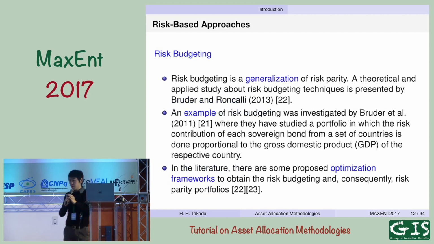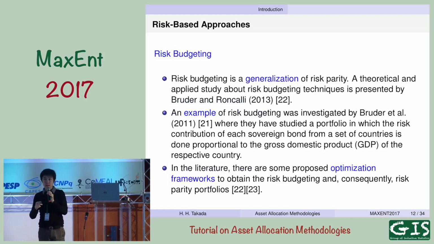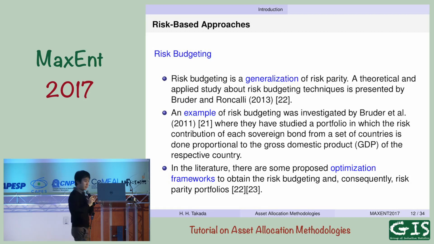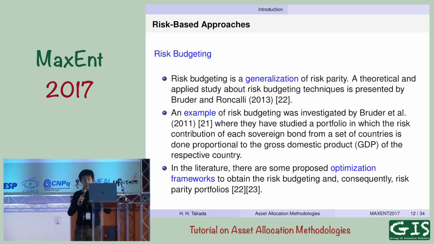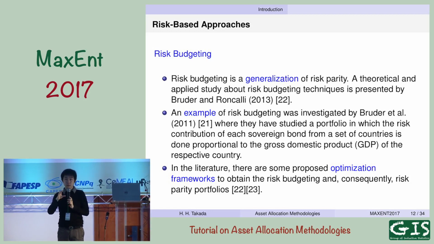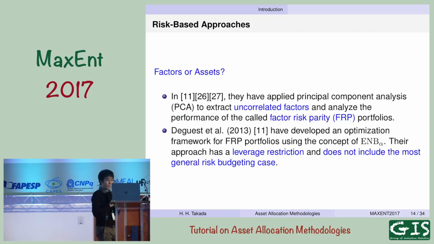And risk budgeting is just a generalization of risk parity, because sometimes you have some prior information telling you that you don't want to have an equally weighted risk-based portfolio. In this case, for example, in the paper from Bruder, they allocate in several countries, and they use a risk budget strategy, and the idea is to allocate proportional or similar to the GDP level of each country, something that makes sense.